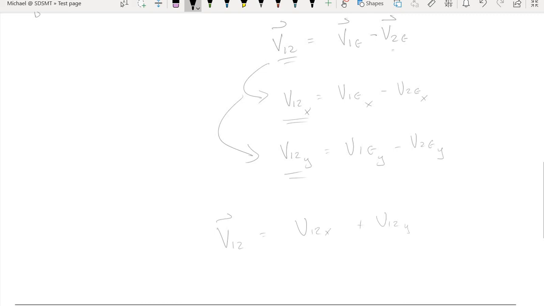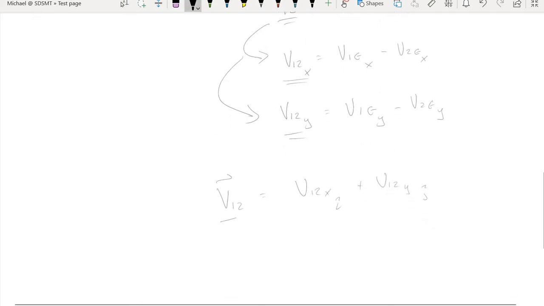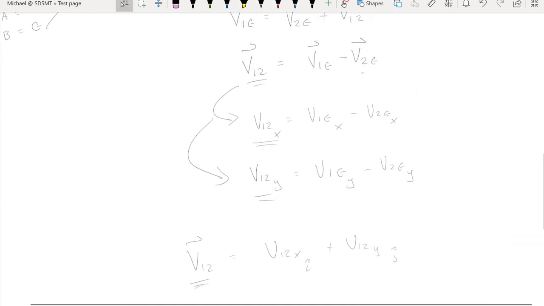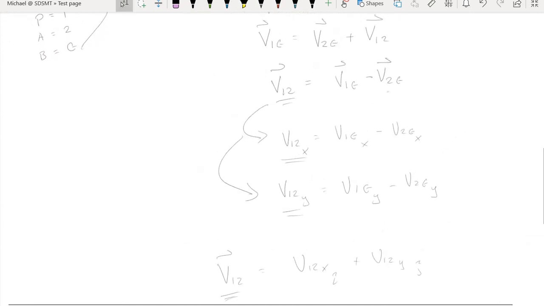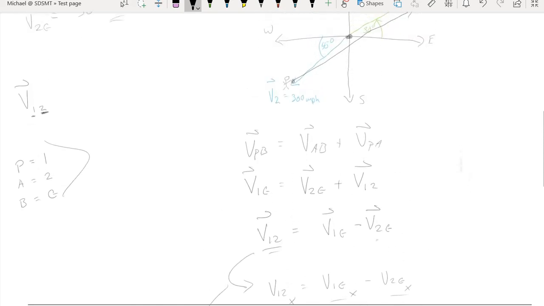And then we can put those components together to tell us what the magnitude and angle of that relative velocity need to be. All right, we have our game plan essentially. Now we just need to find out what are these values so that we can combine them.